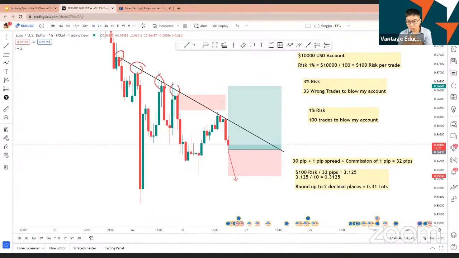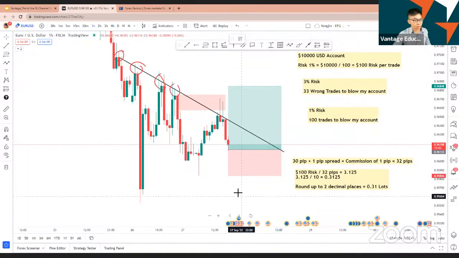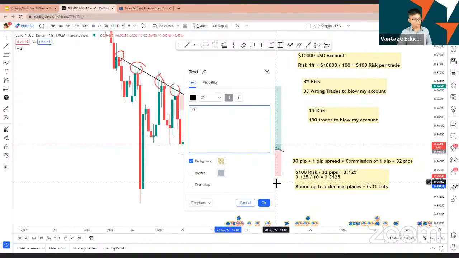So I was doing one lot on every trade. If I did one lot here, all the way down 29.7 pips, combined 32 pips, I would have lost $320.